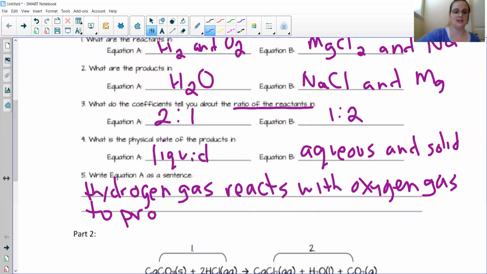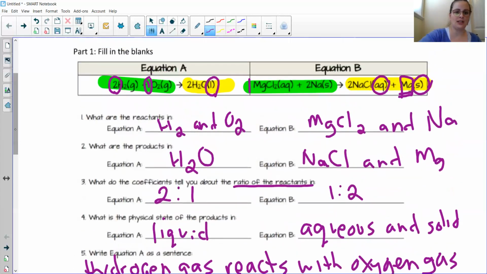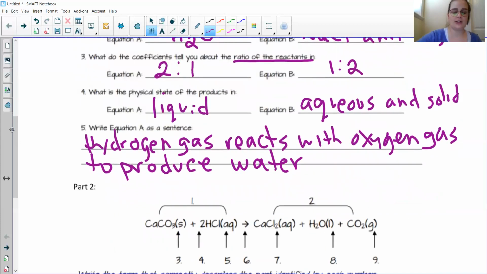We could say yields, to produce water. And to help you out, it actually does tell you that these are in gas form. So hydrogen gas reacts with oxygen gas to form water, or you could replace that with liquid dihydrogen oxide, liquid water. It's also just a lot easier to say than that.